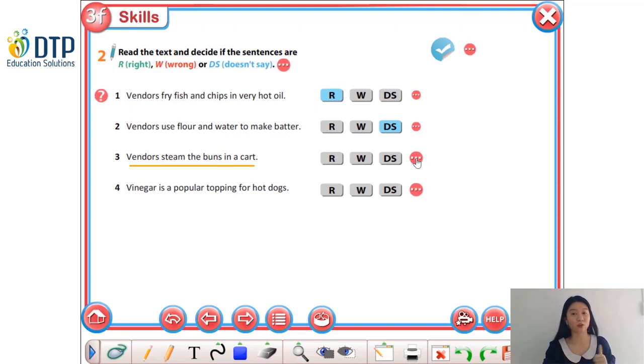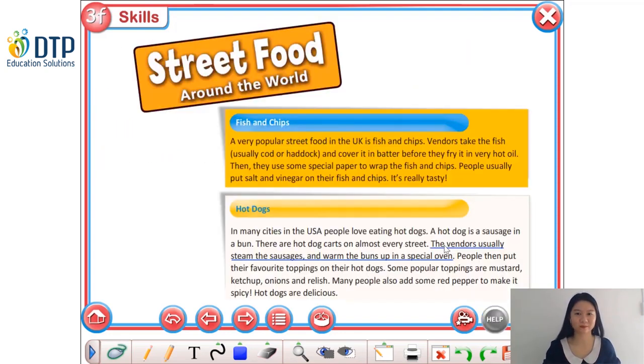Is it right or wrong? Or doesn't say? Okay, it is wrong. Because the vendors usually steam the sauces and warm the buns up in a special oven, not a cart.